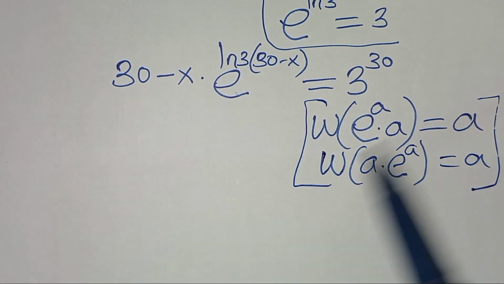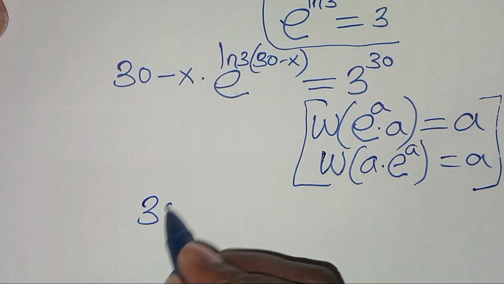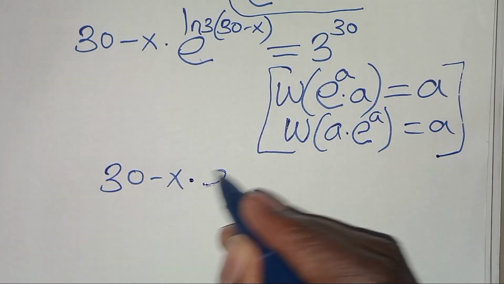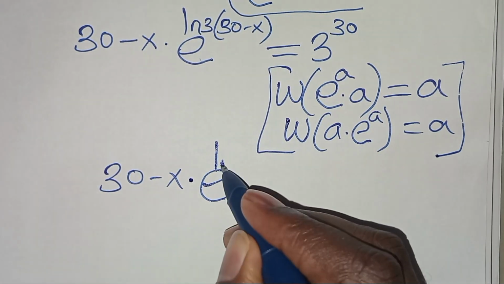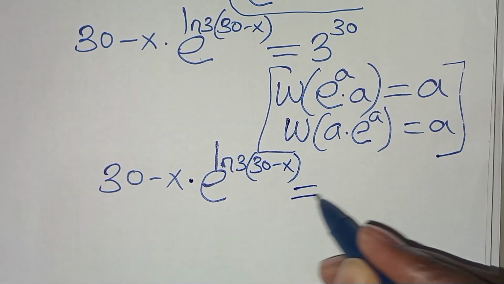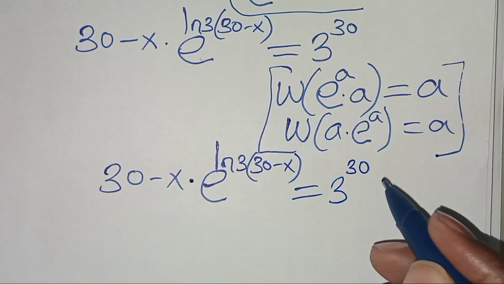Okay, so we have 30 subtract x multiplied by e to the power of natural log 3 multiplied by 30 subtract x, this is equal to 3 to the power of 30.